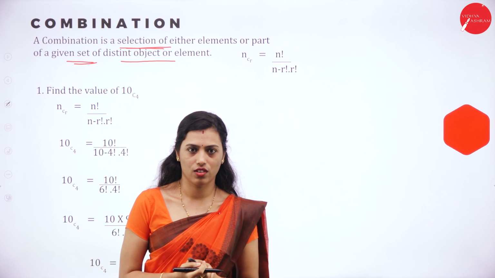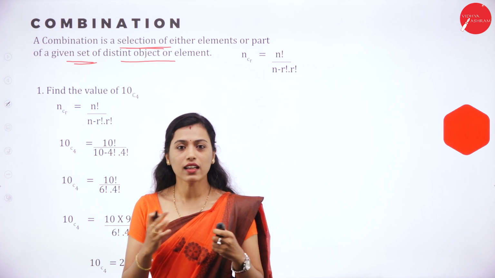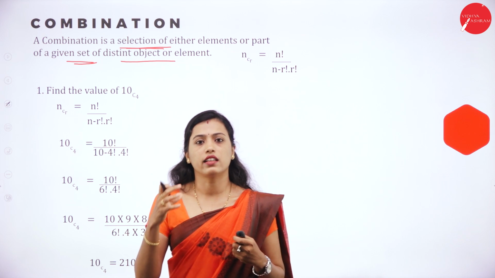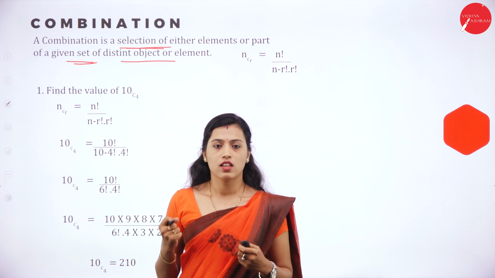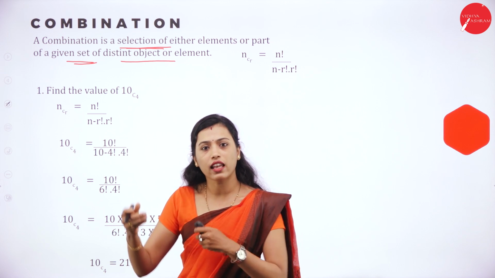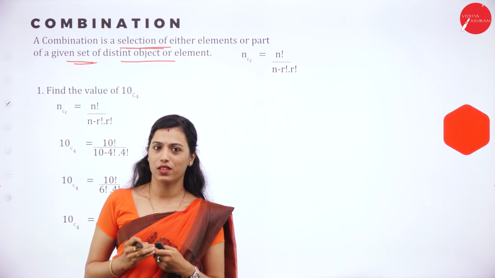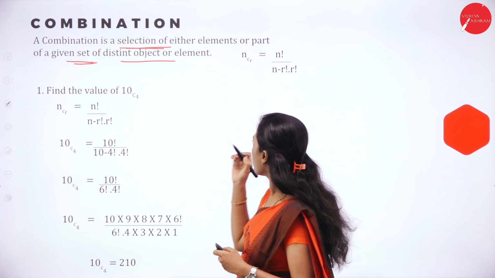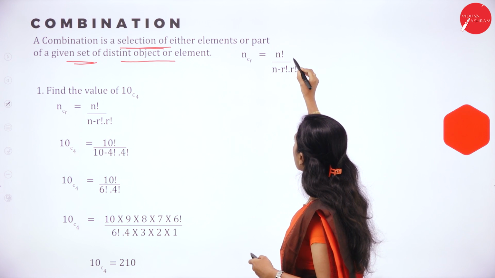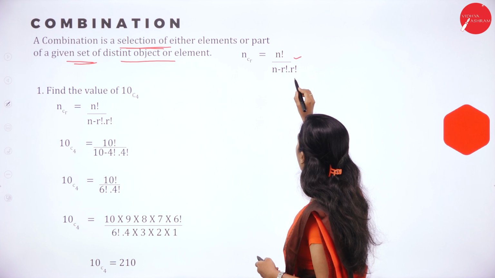Example of combination is, in a class there are 50 boys. Here I am going to select 10 tall boys. So here I am selecting 10 tall boys, then I will make them arrangement. It is called combination.